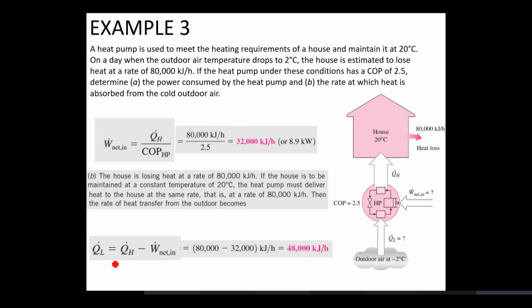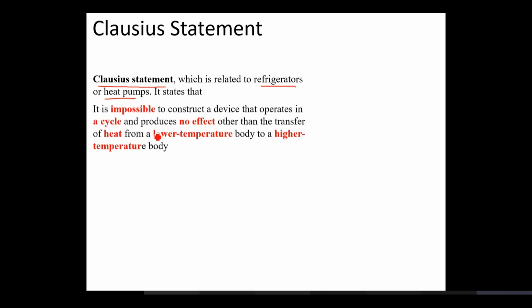All right. So now we'll have a look at the Clausius statement. Kelvin-Planck's statement was the statement about the second law, which essentially deals with heat engines. Another statement which basically deals with refrigerators and heat pumps is the Clausius statement, and it states that it is impossible to construct a device that operates in a cycle and produces no effect other than the transfer of heat from low temperature to high temperature.